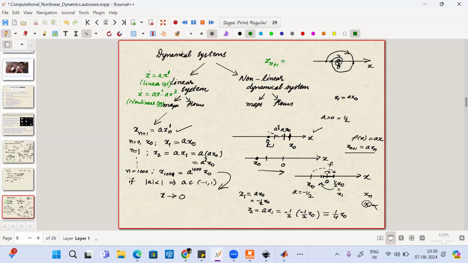So how will the linear map look? Simple, maybe a x_n, just like that. There is no power involved here, the power is 1. So this is a linear map. Can you give me an example of a non-linear map? Yes, wow, this is also a non-linear map.